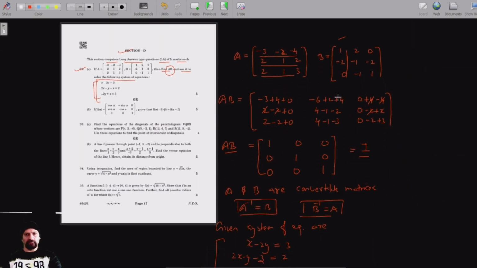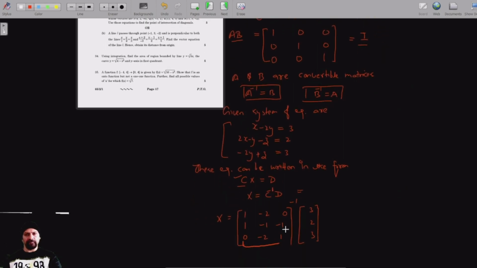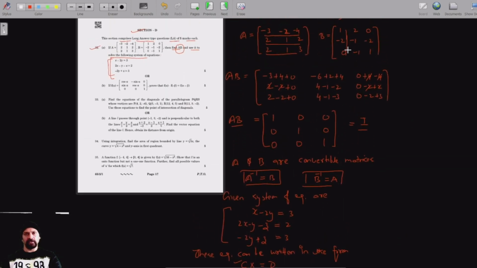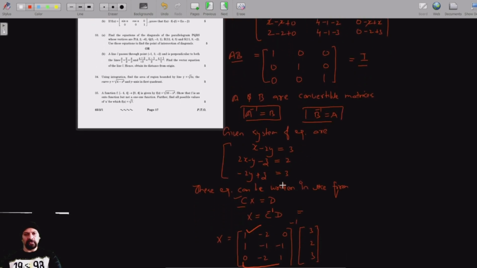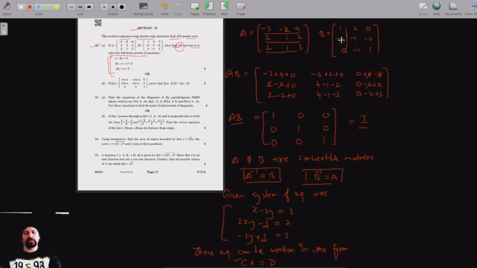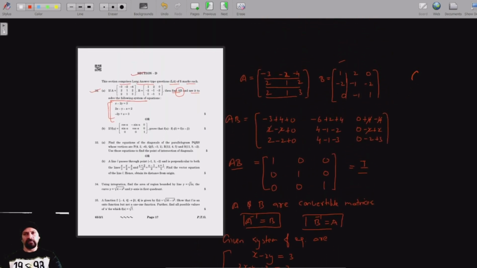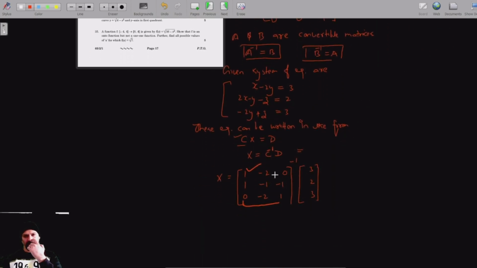So if we check the B and the C matrix, so this is C and this is B. C matrix is actually the transpose of B. So instead of C here, I can write B transpose and then inverse into B.